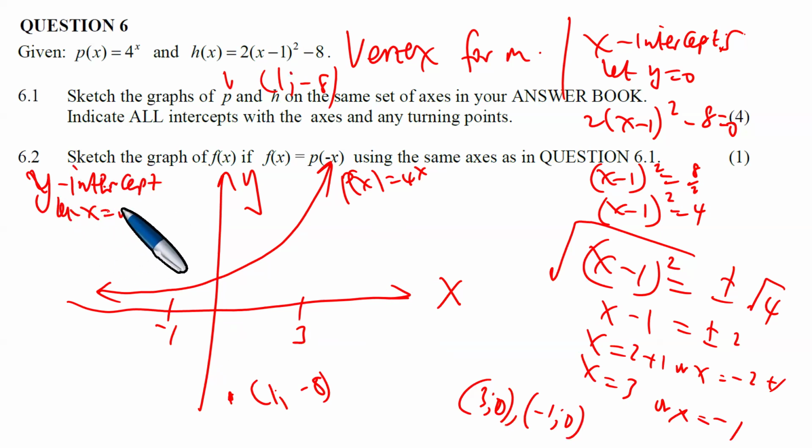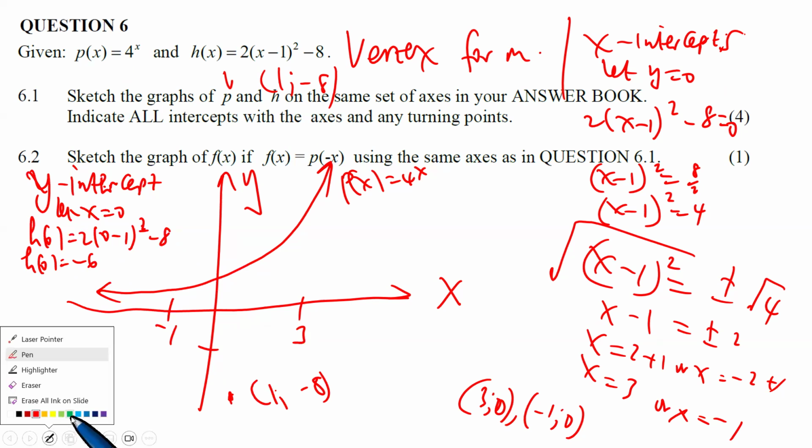Let x be 0. H of 0 is 2 times (0 minus 1) squared minus 8, which is 2 minus 8. 2 minus 8 is minus 6, meaning it's going to cut the y-axis at minus 6 here.